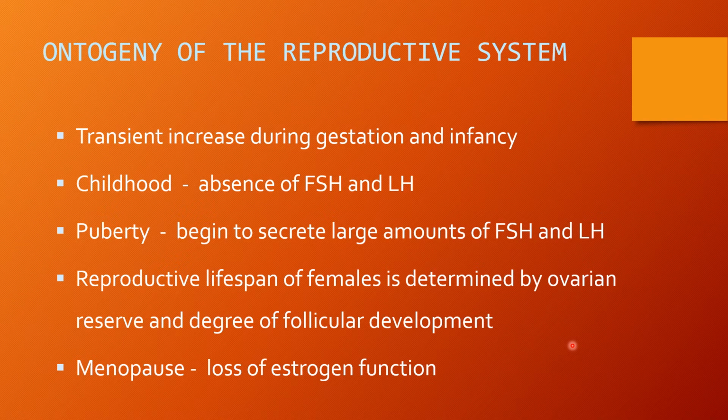So among the chosen, you'll have ovulation, and you have 450 chances of ovulation. So after ovulation, once you lose estrogen, menopause will ensue.